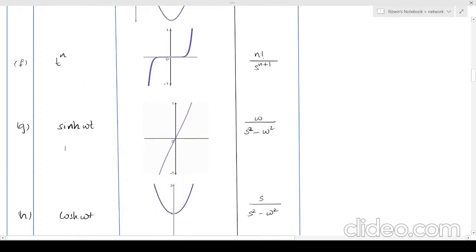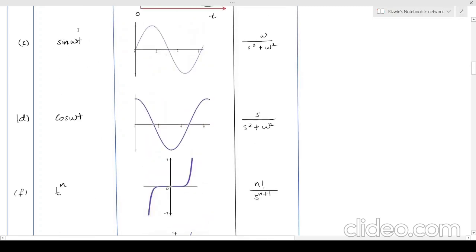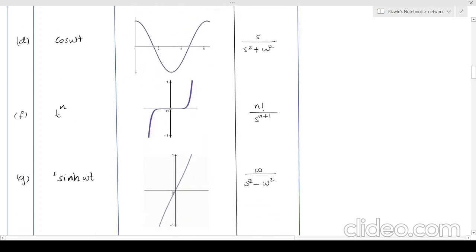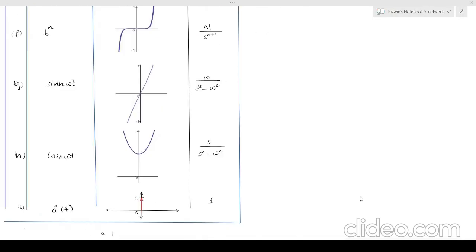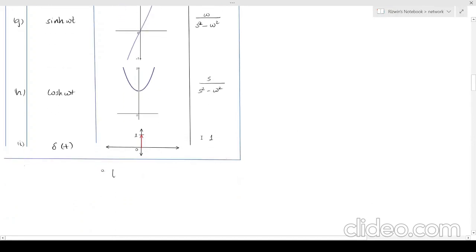Then the function sinh omega t will be transformed into omega by s square minus omega square. Earlier it was not a hyperbolic function, but in this case it is a hyperbolic function, which you should note down. The other function is cosh omega t. It's transformed to s by s square minus omega square, and delta of t is transformed to 1.